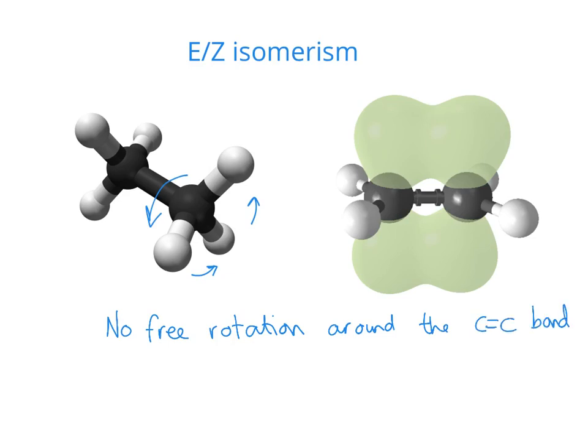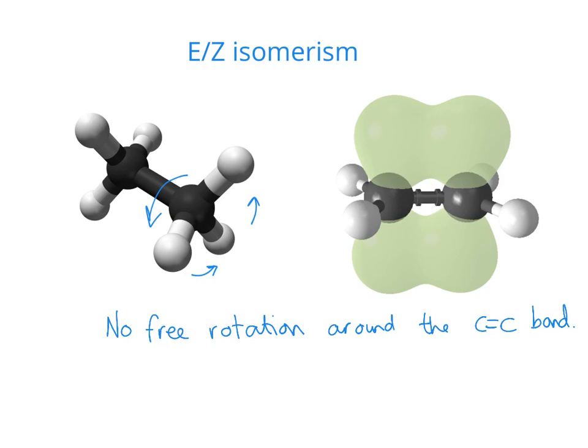You can also see this type of isomerism in a ring structure, because there's no rotation in a ring either, because the atoms are held in place by the rest of the ring. But we have no free rotation around the CC bond, but ethene doesn't have isomers, and that is because ethene has only got hydrogens attached to each carbon.